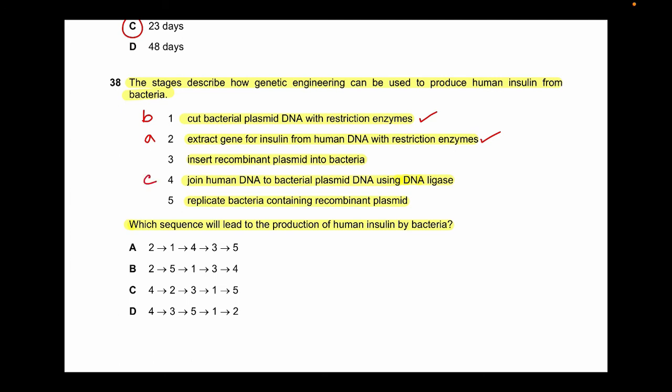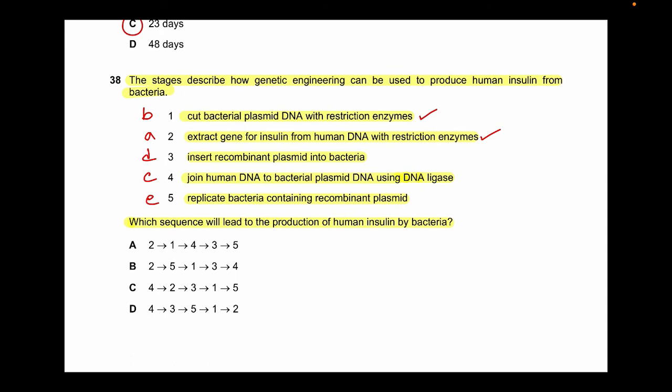So that will be C. And then we'll need to insert that recombinant plasmid into a bacteria. That will be D. And then we'll need to replicate the bacteria that contain the recombinant plasmid. That will be E. So the answer will be 2, 1, 4, 3, 5. Option A is the correct answer.